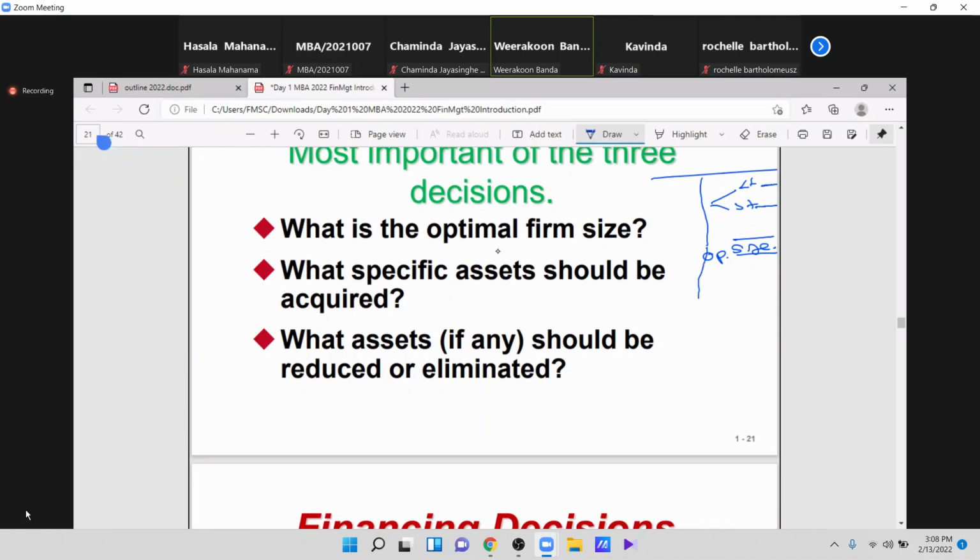So here we concern three important questions related to investment: what is the optimal size, what specific assets should be there, and if there are idle assets not generating appropriate return, then we can take some actions.